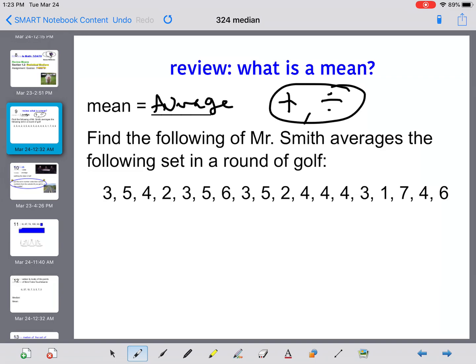So, let's look at this example. It says, find the following of Mr. Smith's averages in the following set of a round of golf. So, this is how many strokes it took Mr. Smith in this round of golf. So, let's take them all, add them up.